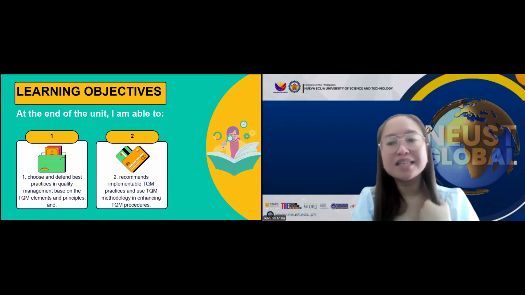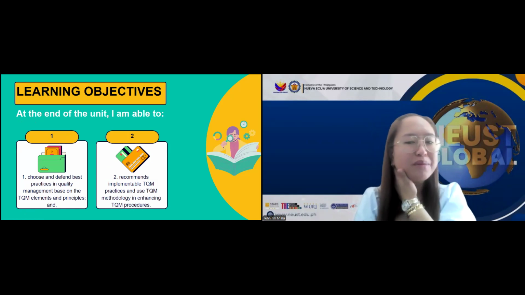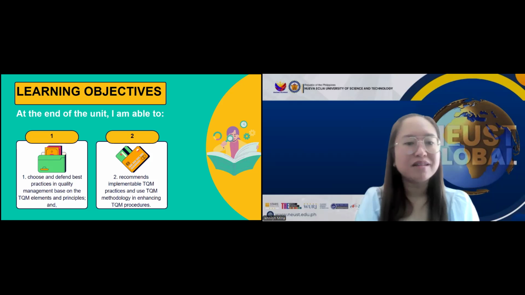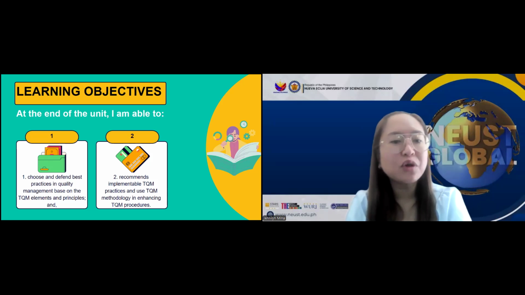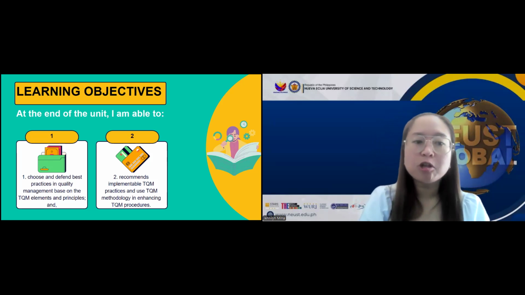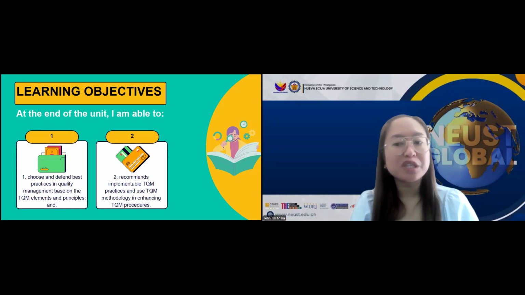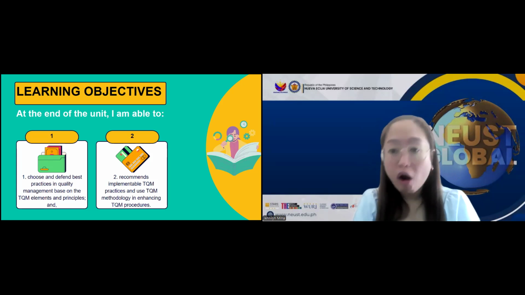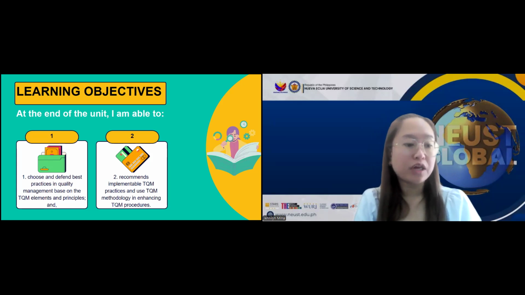You should also be able to recommend implementable total quality management practices and use total quality management methodology in enhancing total quality management procedures in whatever organization you are currently affiliated with.